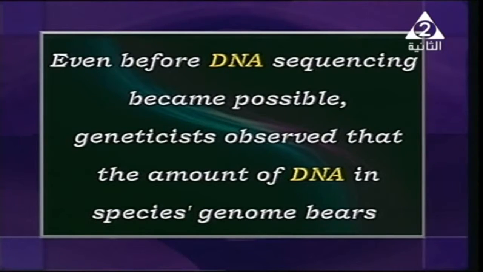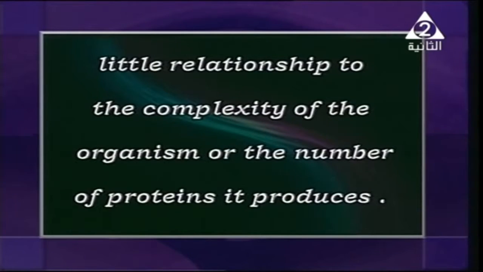Even before DNA sequencing became possible, I mean before scientists had the ability to study the DNA sequence, the arrangement of the nucleotides carrying the information of genes, the scientists observed that the amount of DNA in a species' genome bears little relationship to the complexity of the organism or the number of proteins it produces.